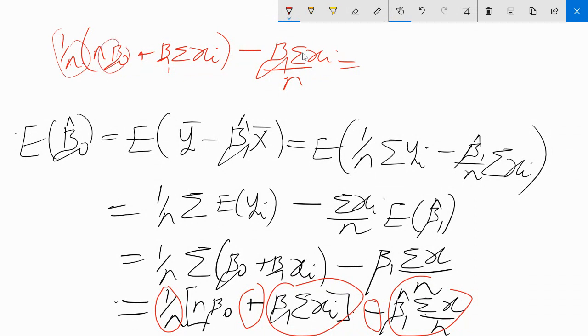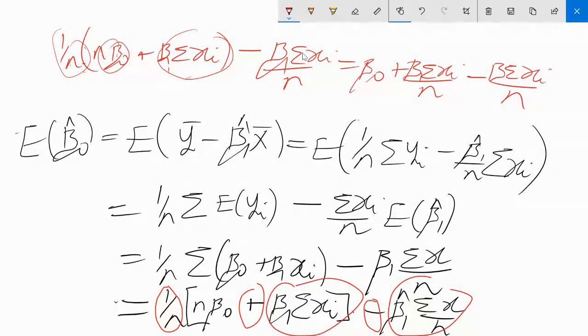So this multiplied by this will cancel the n and we will be left with beta 0 plus 1 over n multiplied by this will give us beta 1 multiplied by summation of xi over n, minus, and these two, as you can see, are the same.